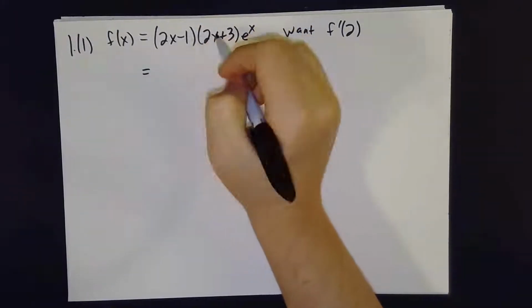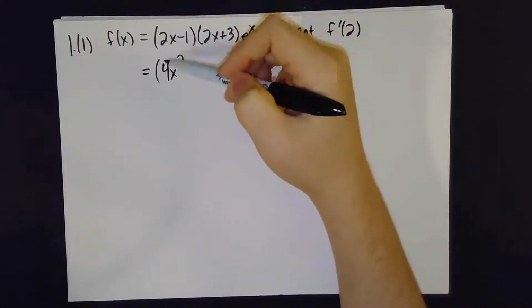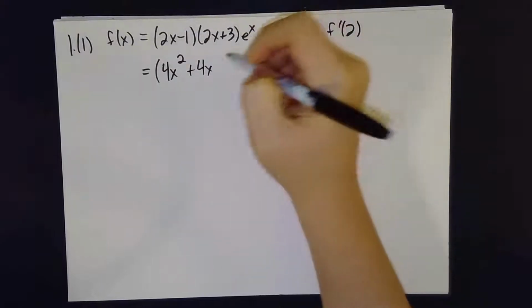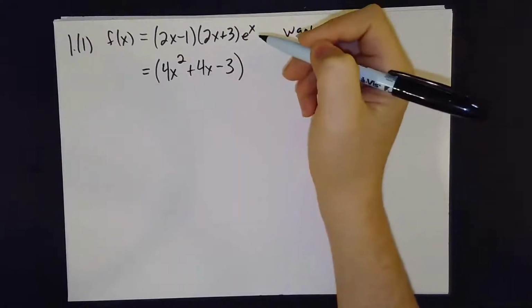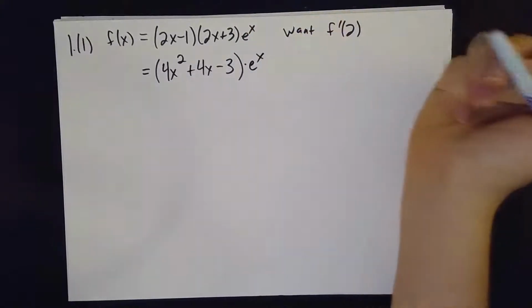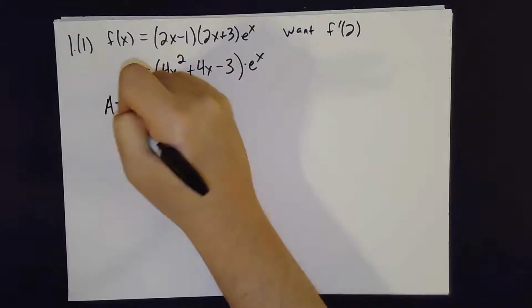I'm just going to multiply the 2 binomials here, which will give me 4x squared plus 6x minus 2x. So that'll be plus 4x minus 3 times e to the x. And having done that, it's now set up for the product rule much more nicely.